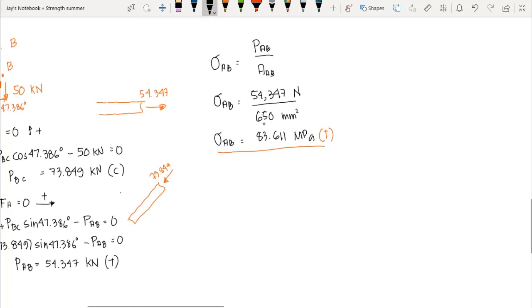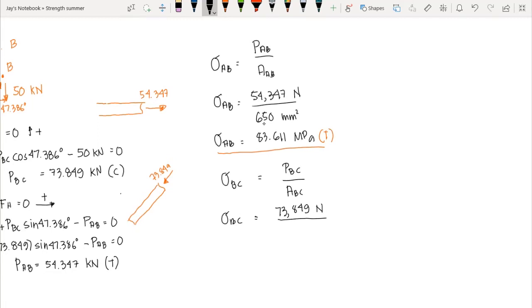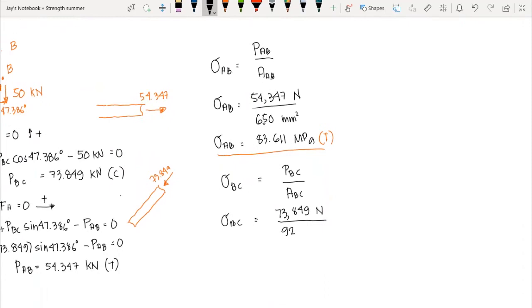And then for the normal stress of BC, we have the axial force PBC over the area of member BC. So we have here the axial force, which is 73,849 Newton, over the area, which is 925 square millimeter.